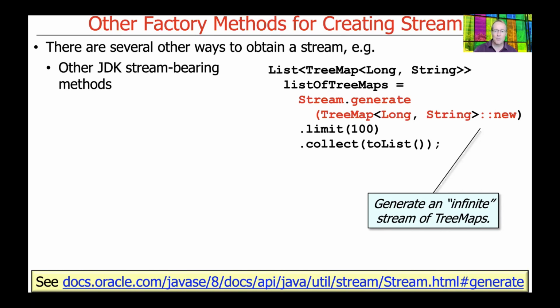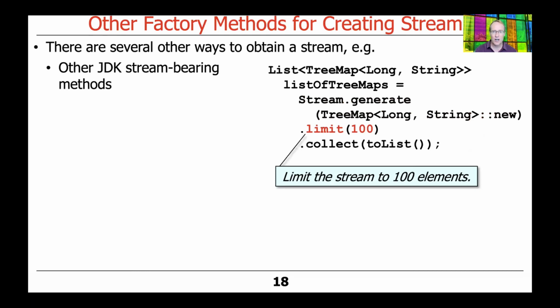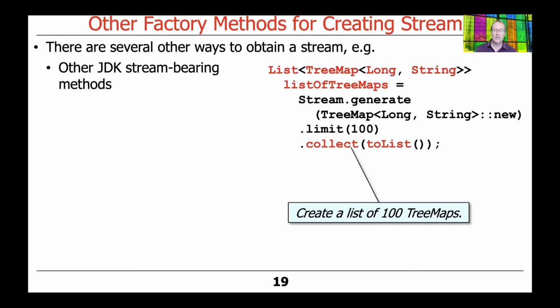And what you end up with will be a stream of these objects that are generated. Since it's an infinite stream, if you want to put a limit on it, you have to limit it. So we limit it to the first 100 tree maps, and then we collect that into a list. This turns out to be, again, very useful for doing generated data that you might need to do for test programs. There's other use cases for it as well, and we'll show some examples later.